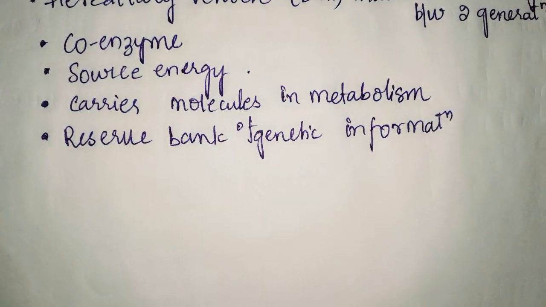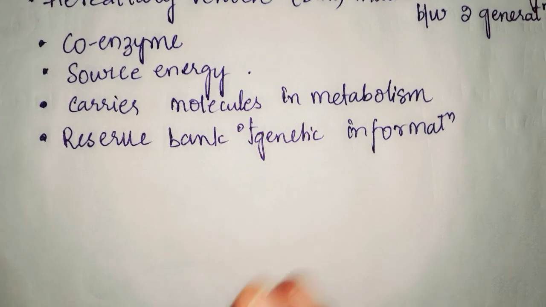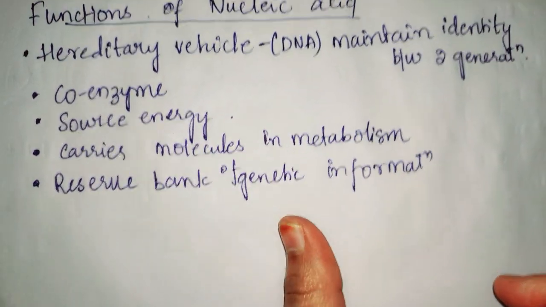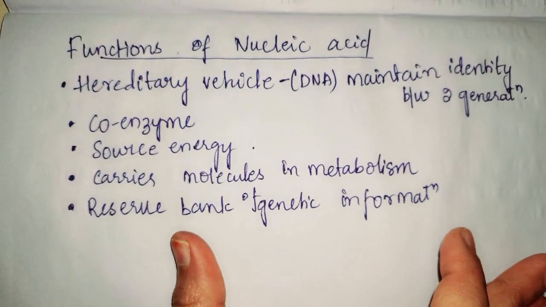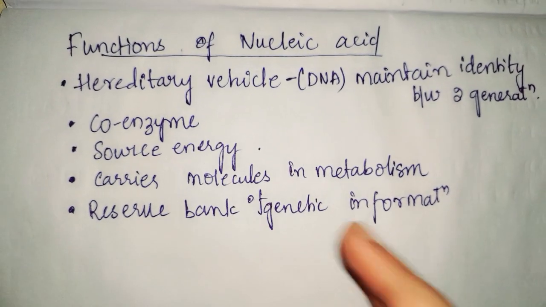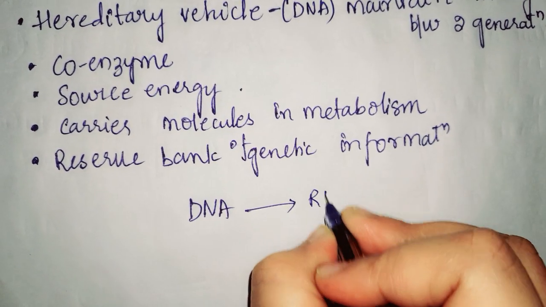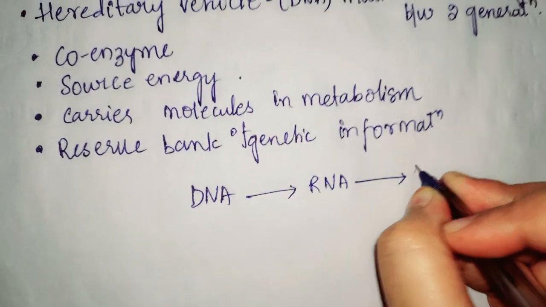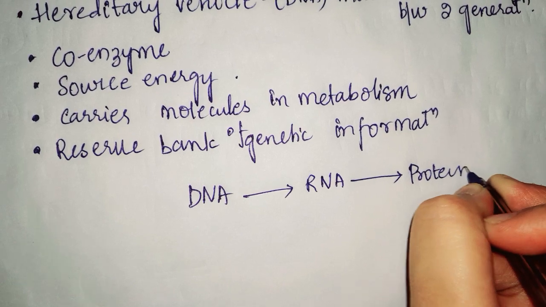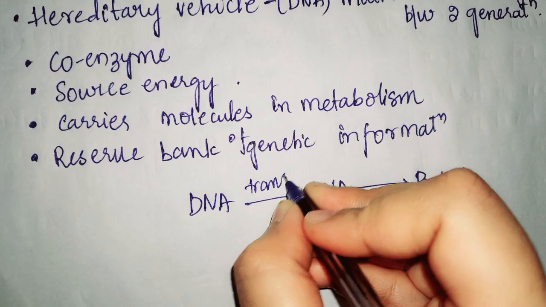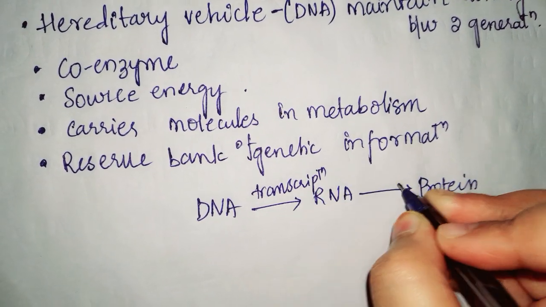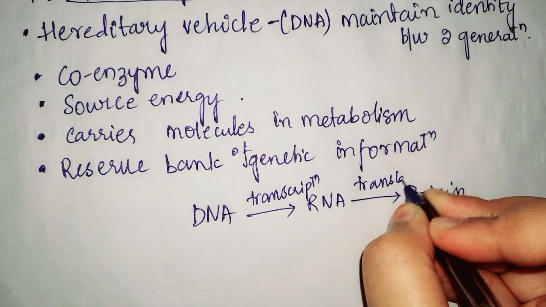And also we can say they are involved in transcription and translation. So DNA directs the synthesis of RNA, and RNA directs the synthesis of protein. Here is transcription, and here is translation.